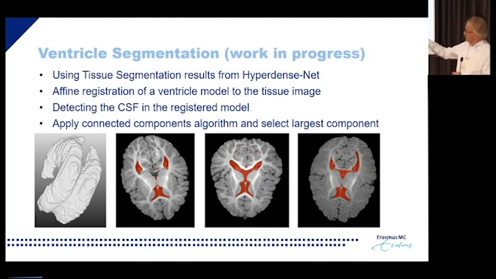On the left, you see a kind of model of the ventricle system. We register that, matching it on the tissue segmentation. We take the CSF, we do some post-processing like connected components, taking the large region, and then we see results like here on the right. It's not always perfect, but we're making some progress lately.